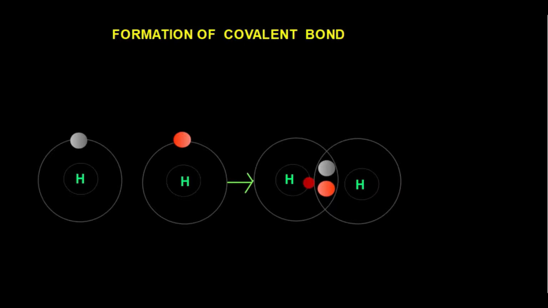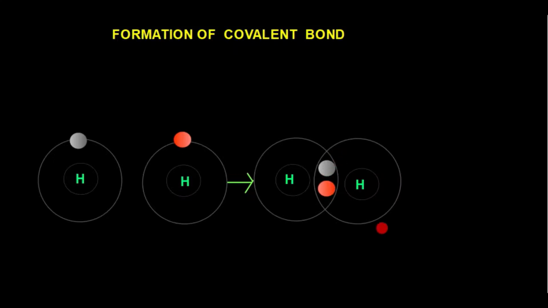An electron pair in the region between two atoms is attracted to the nuclei of both the hydrogen atoms. This is the most stable form of hydrogen as compared to the form in which hydrogen exists in the form of separate atoms, because this is the molecular form of hydrogen. Each hydrogen atom is stable because each hydrogen atom has two electrons in its first shell, that is K shell.